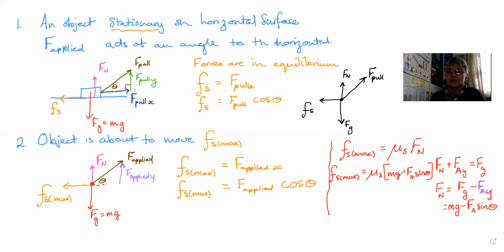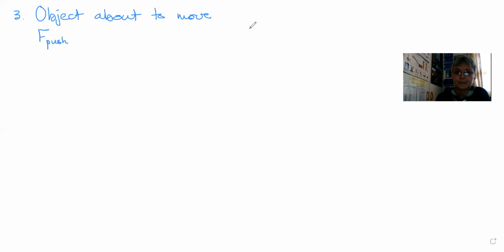I want to do an example where the object is being pushed. That's our next example. So example number 3 is the object is about to move and the F applied is a push, and the friction would be Fs max.